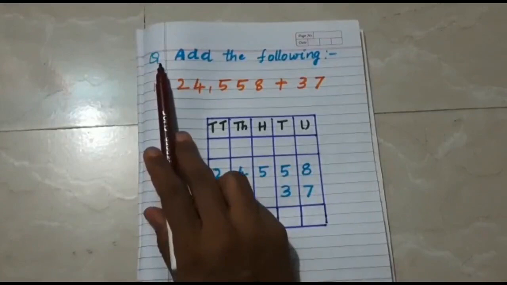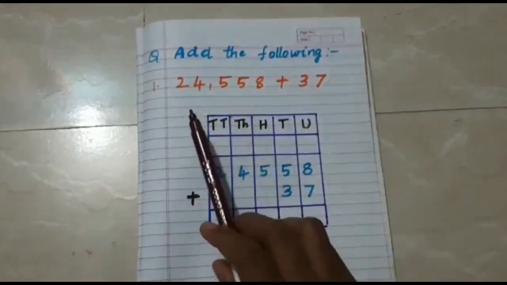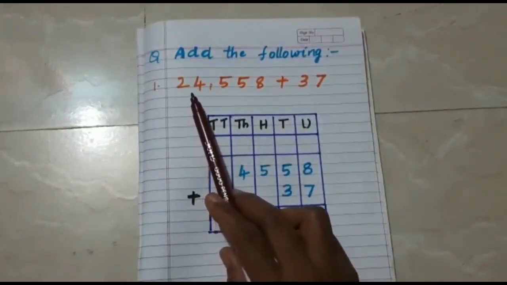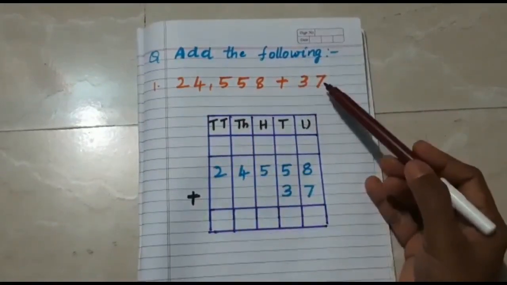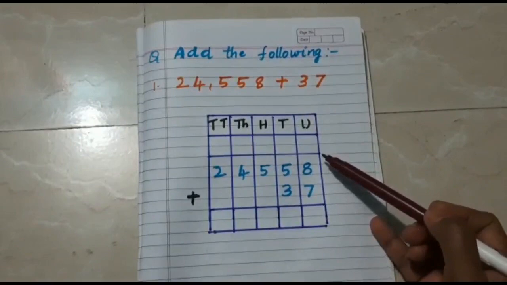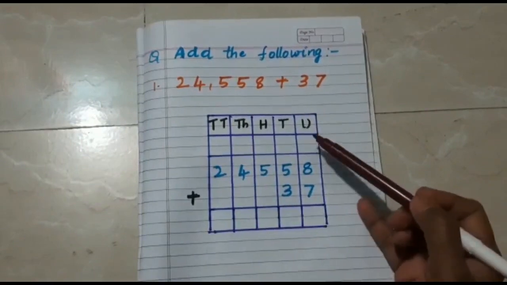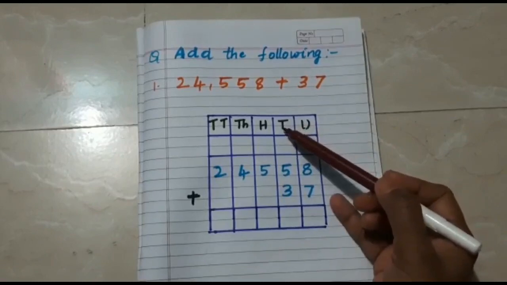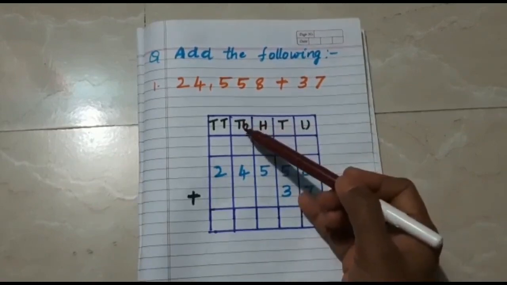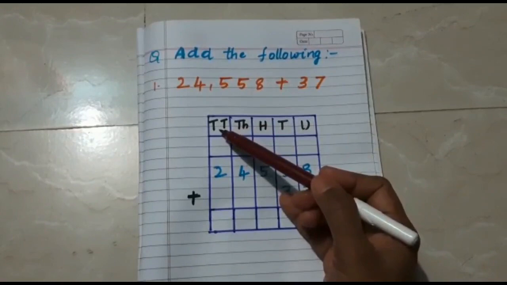Students, our next question is add the following. Here we have 24,558 plus 37. First thing is we have to draw the columns mentioning the place value of units, tens, hundreds, thousands and 10,000s.